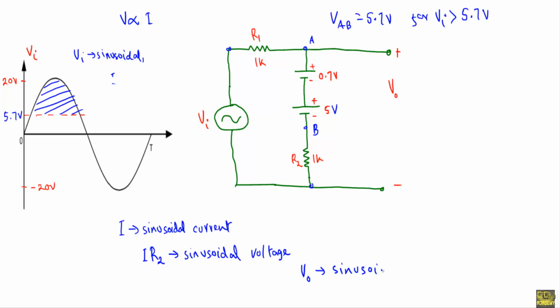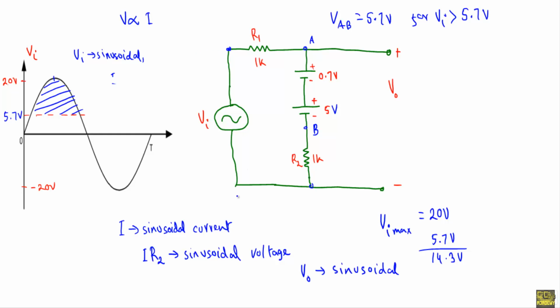Now, what will be the value of the maximum output voltage? See here, the input voltage has its maximum value of Vi equal to 20 volt, or Vi max is equal to 20 volt. When Vi is at 20 volt, we will get VAB across this terminal to this terminal equal to 5.7 volt. Therefore, if we subtract 5.7 from 20 volt, we will get 14.3 volt.